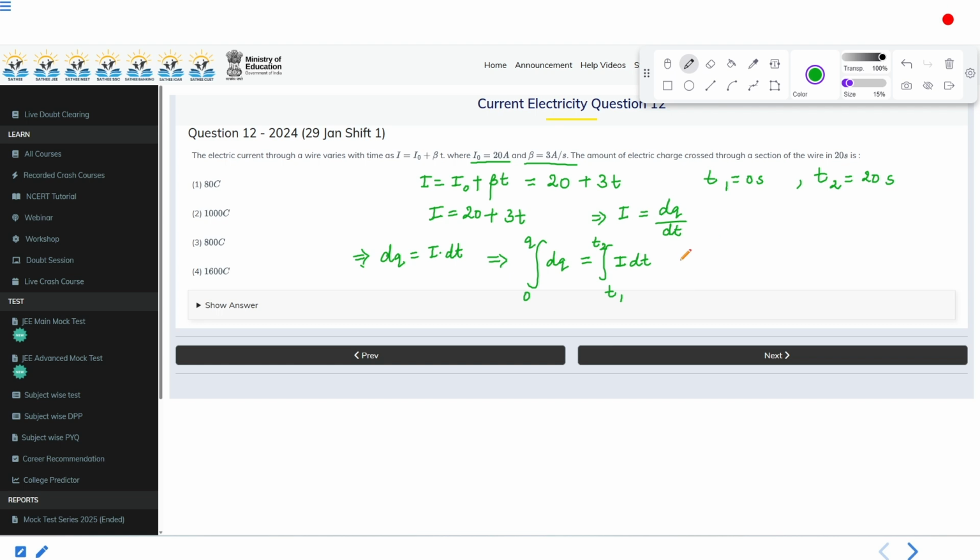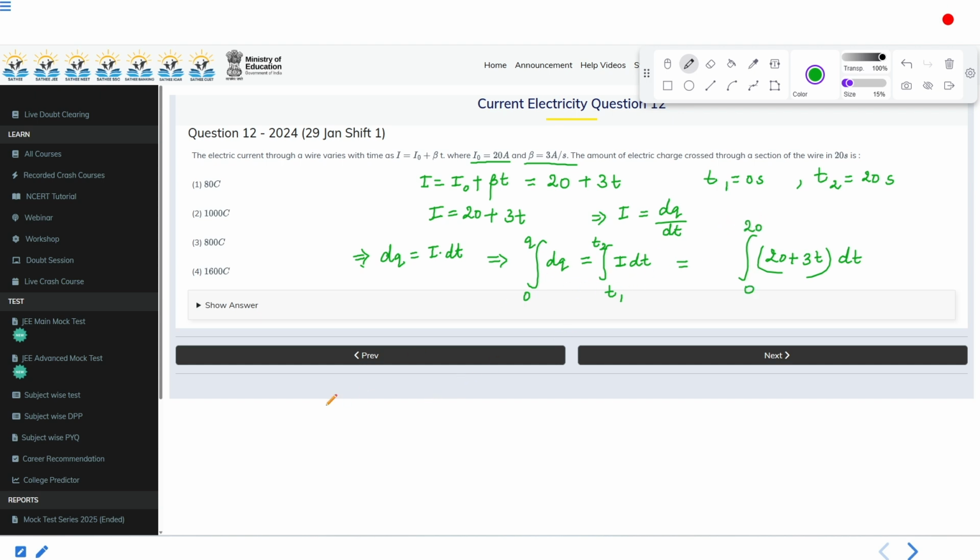Got it? Now what is I? I is 20 plus 3t and dt. What is t1? 0. And what is t2? 20.